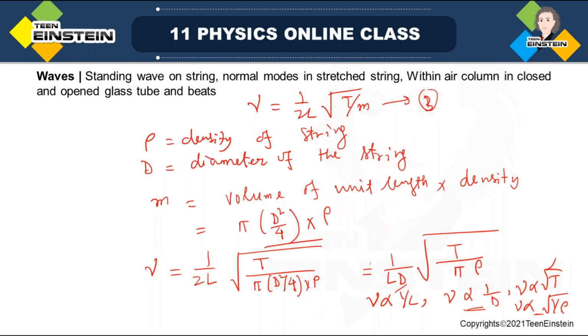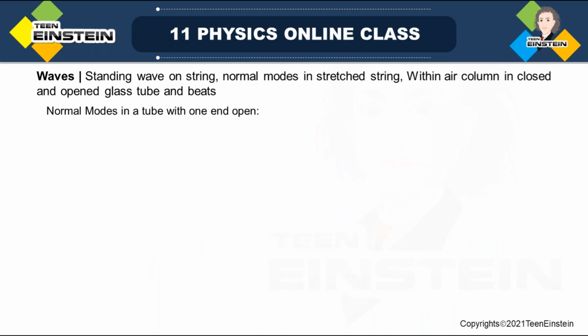All right, we have thus completed the standing waves and normal modes in a stretched string. Now we'll see which are the normal modes we see in a glass tube with one end open.